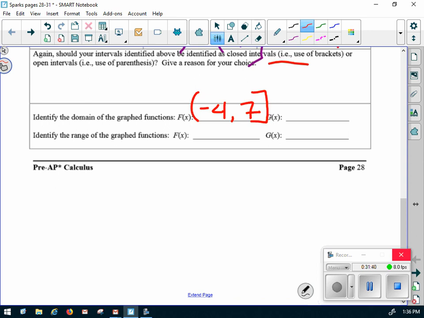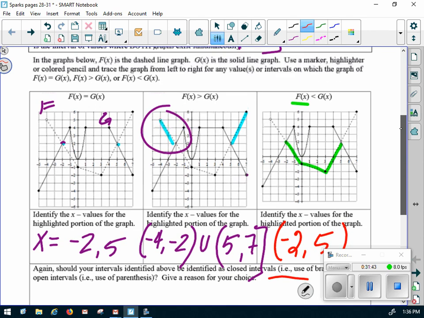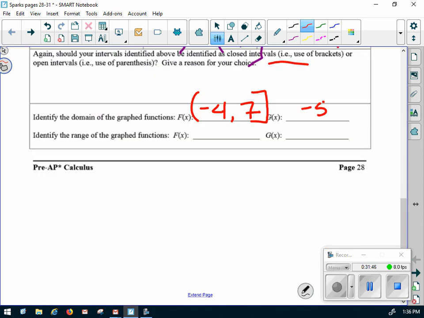What's the domain of G? Negative 5 to 7. Brackets or parentheses? On both or one? Good. Oh, whoops. No, it's a range. What's the range of F?